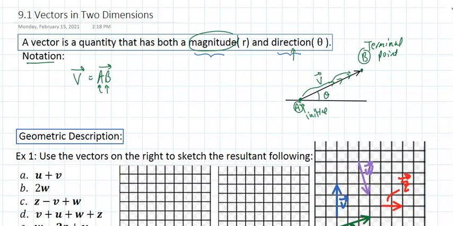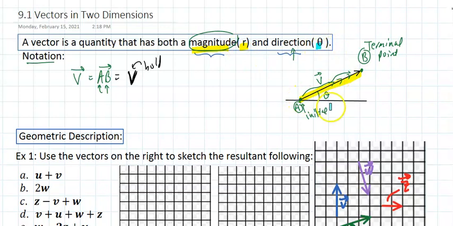You could also write v as a bold letter, since bold letters are reserved for vectors. So those three are saying the same thing. The magnitude of the vector, you're going to figure this out, that's our r.